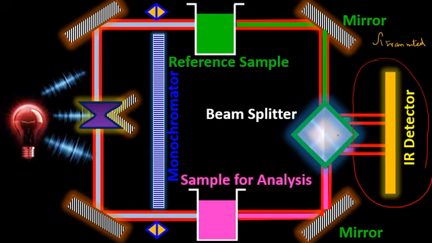The detector gives us information about the transmitted IR radiation in the form of a spectrum known as the infrared radiation spectrum. The infrared radiation spectrum is based on wave number and transmittance.